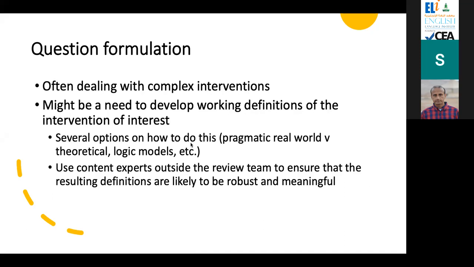Here there are several options for how to do this: pragmatic, real world, or a theoretical, logical model. I have discussed earlier that we have to determine these things beforehand, in our protocol, so that we are very clear about what end result we will be getting.